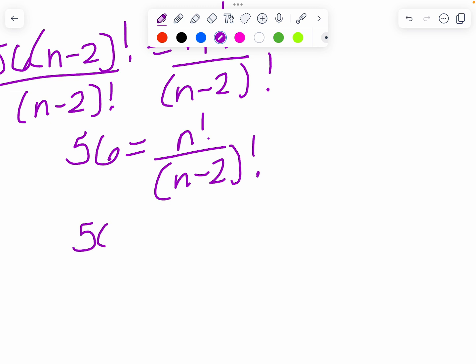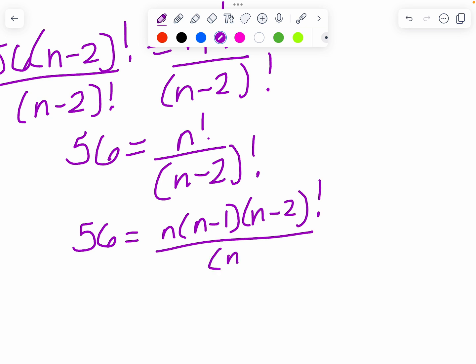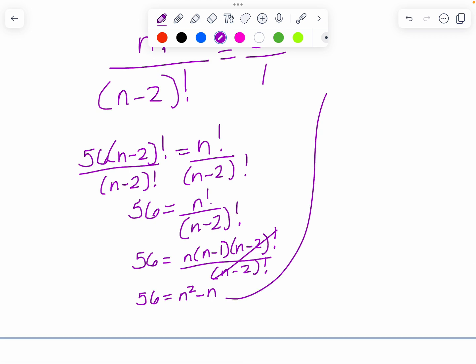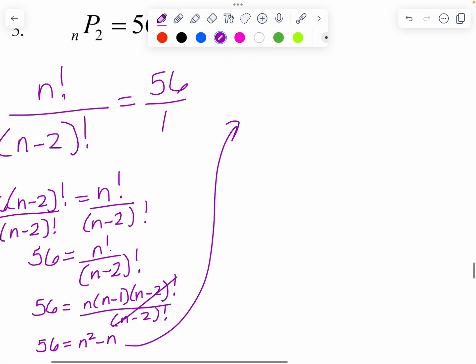So I have 56 equals n times n minus 1 times n minus 2 factorial all over n minus 2 factorial. That cancels out. So I have 56 equals basically n squared minus n. So then I have n squared minus n minus 56 equals 0.